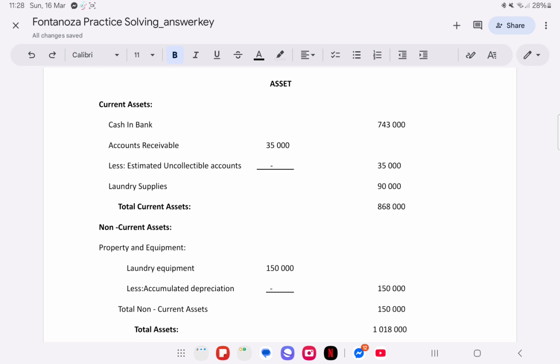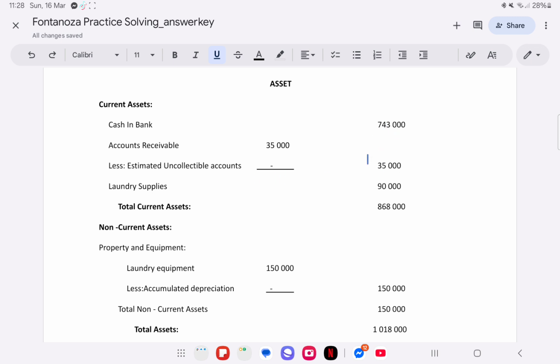If you're going to recall, the cash in bank is 743,000. That's correct. Accounts receivable 35,000. That's correct. And there's no data in estimated uncollectible accounts, so automatically you copy the 35,000.